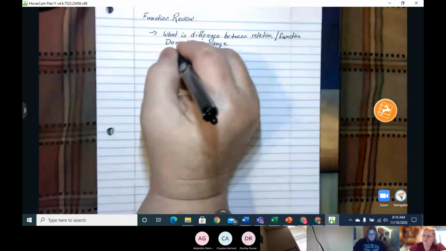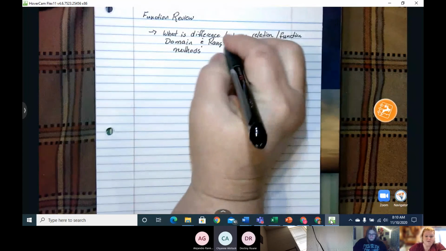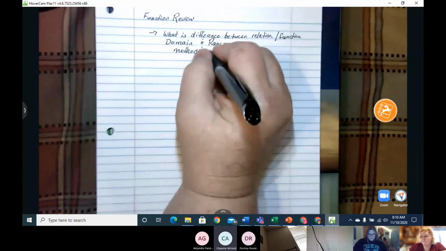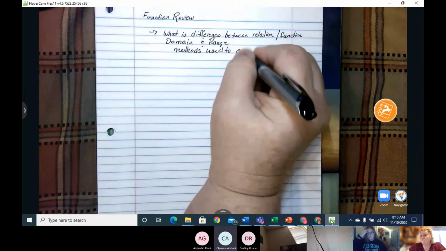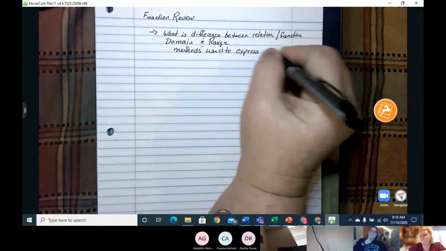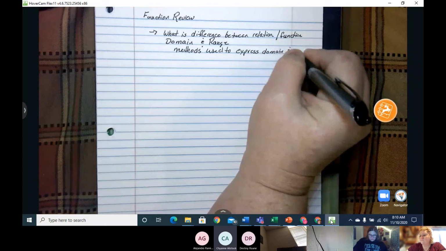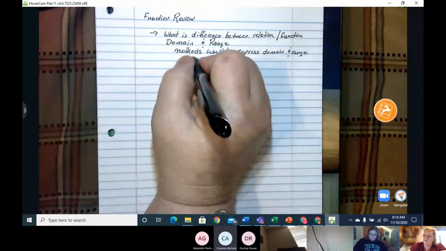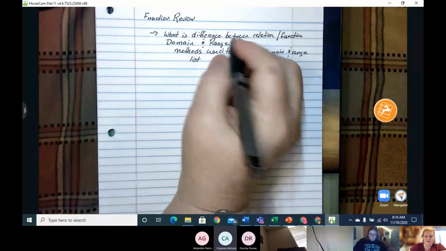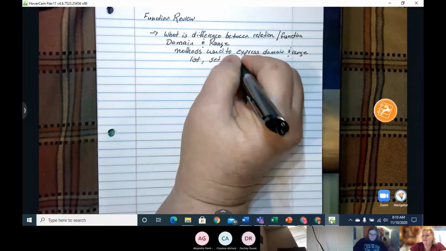And then we talked about the methods that we use to write domain and range. So we knew that there is a list that we use, but we also went back and looked at set notation.